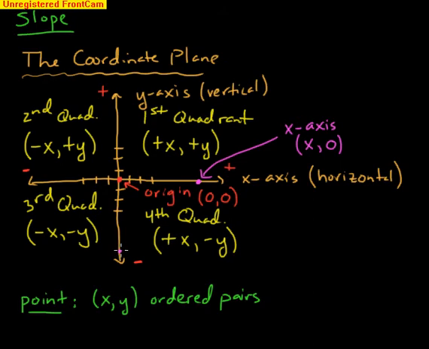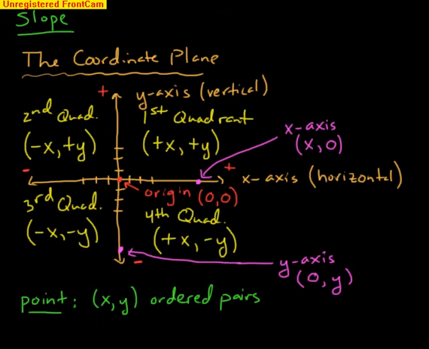Similarly, if you are a point on the y-axis, then you don't go left or right. Your x is 0, but you do go up or down, so you have a y coordinate. And here's all you need to know about the coordinate plane. All right. So this is all the parts of the coordinate plane.